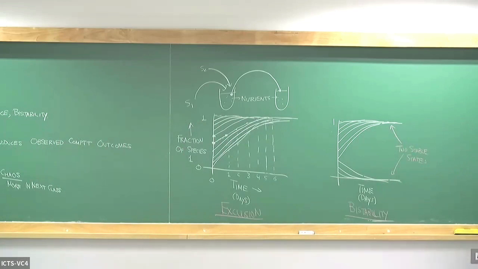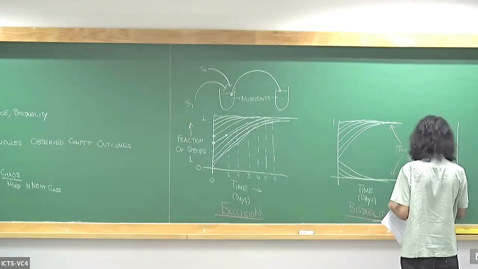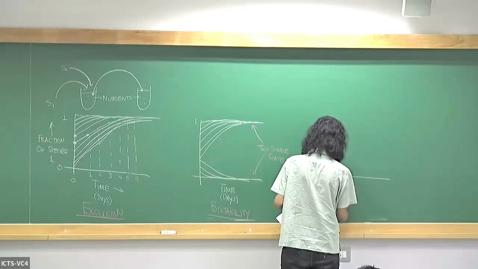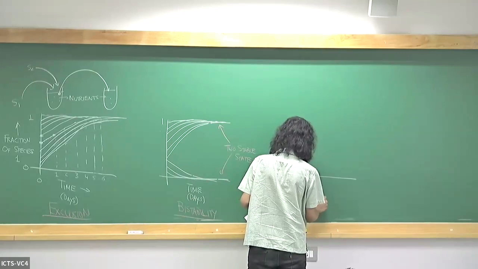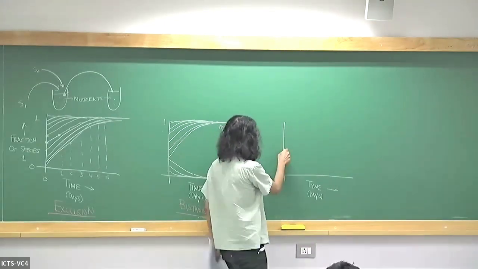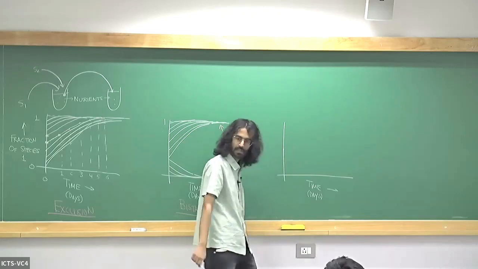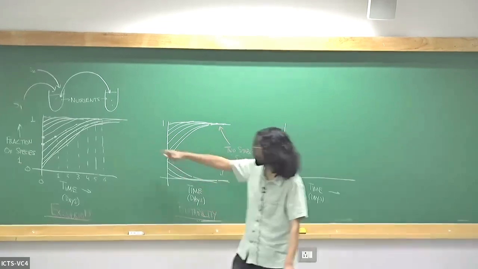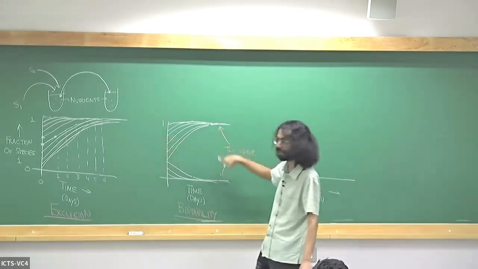There's also coexistence. And what does coexistence look like? So now I want to start off again at 50-50. And what should I end up at? If both species are to coexist, I better not end up at one of these points.